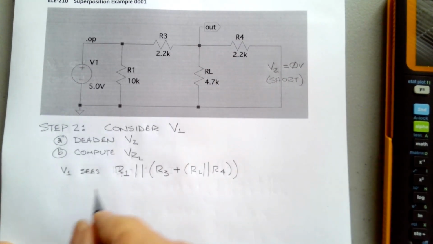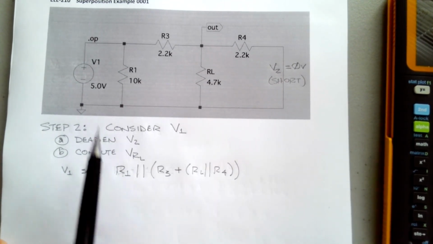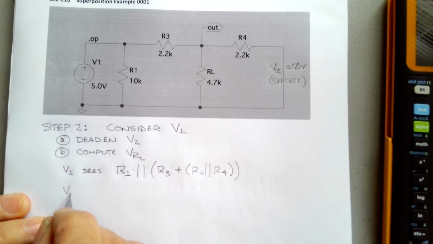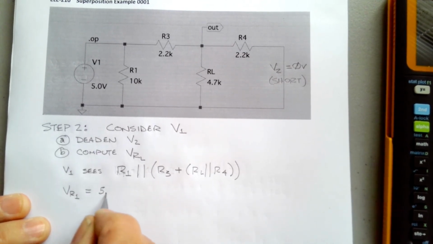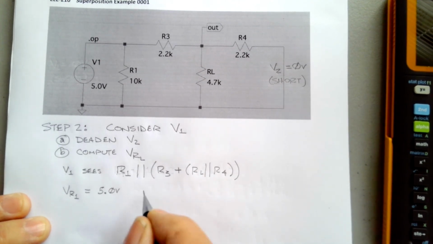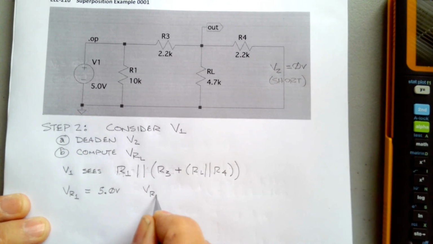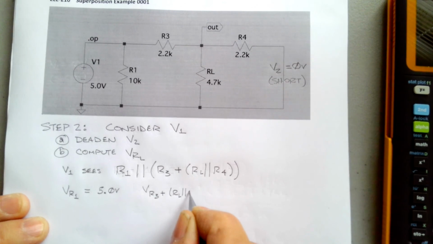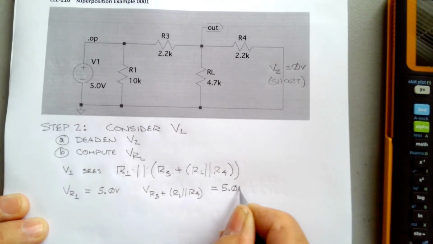All right. So the thing is here, though, this voltage, V of R1, is equal to 5 volts, and we've got a parallel circuit here, and V of R3 plus RL in parallel with R4 equals 5.0 volts.